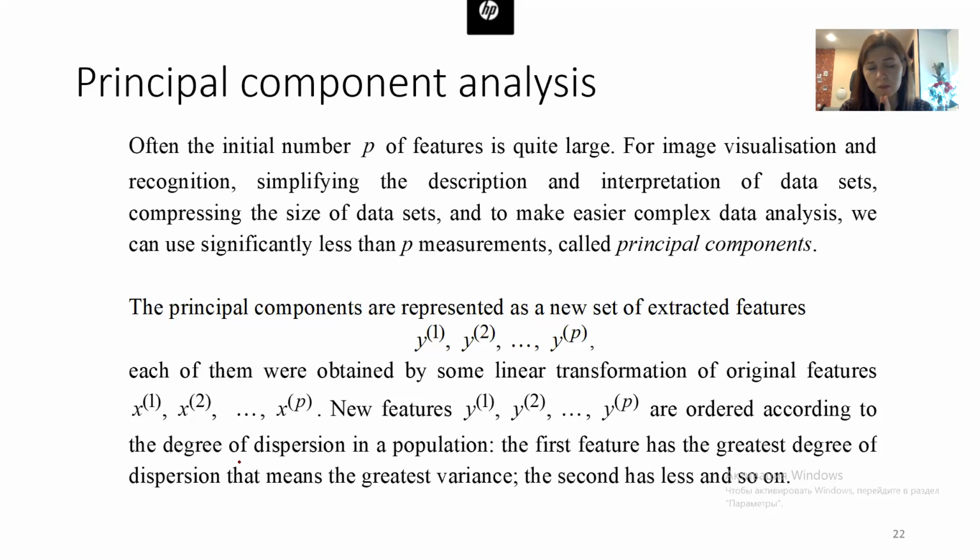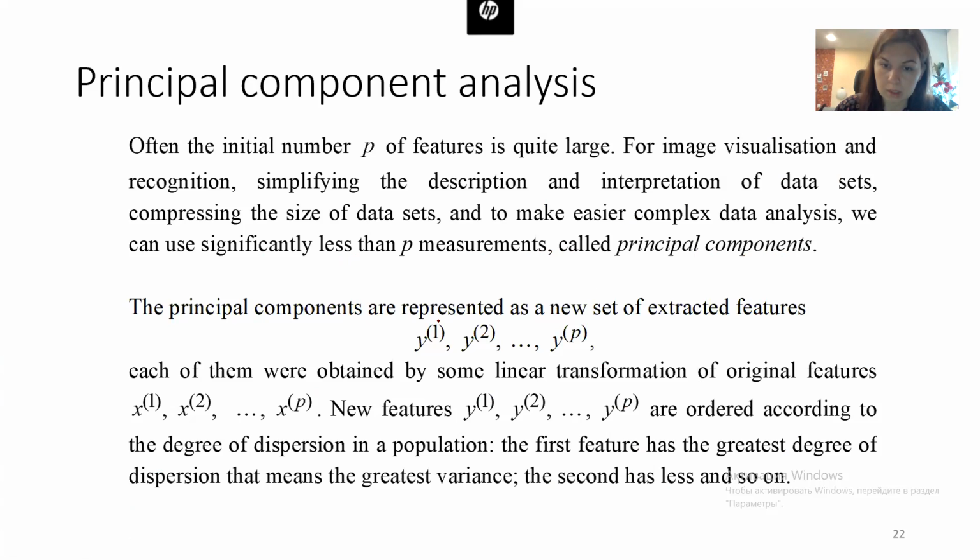So the main problem is that often the initial number P of features is quite large. For image visualization and recognition, simplifying the description and interpretation of datasets, compressing the size of the dataset, and making complex data analysis easier, we can use significantly fewer than P measurements, called principal components. So we go from our original features to principal components.